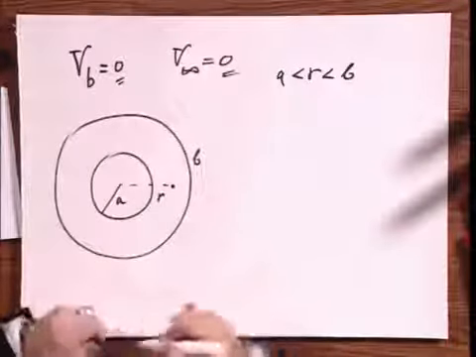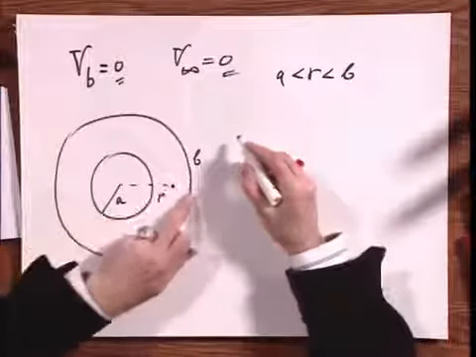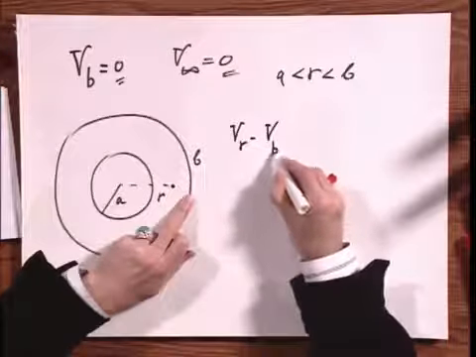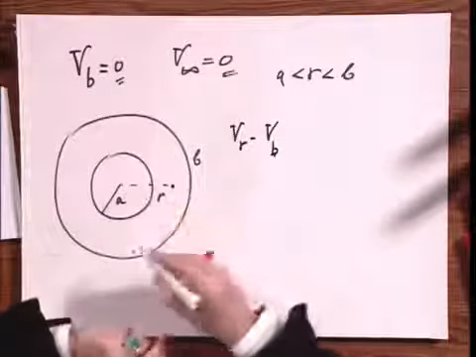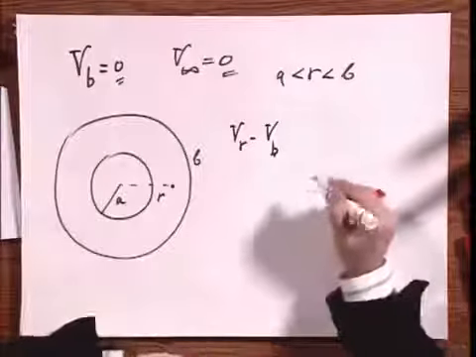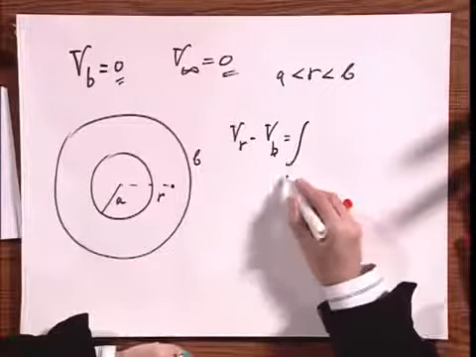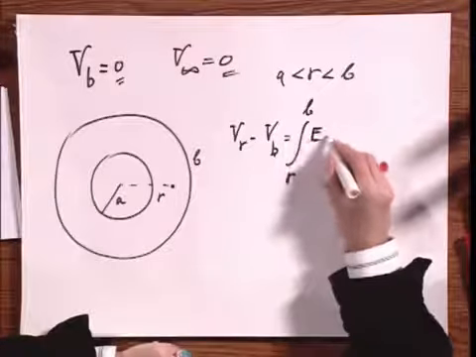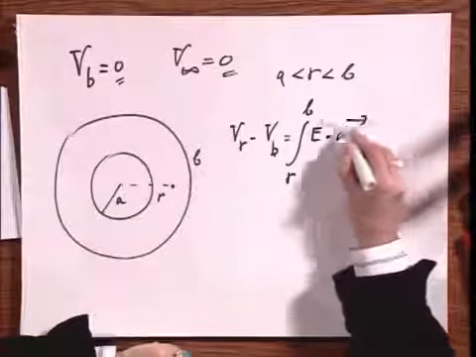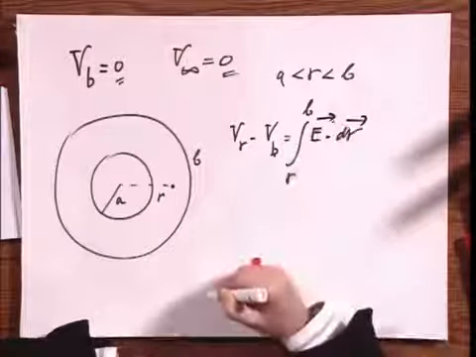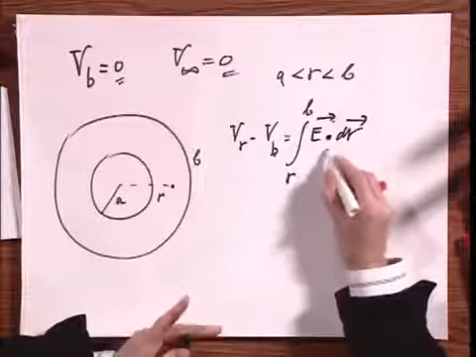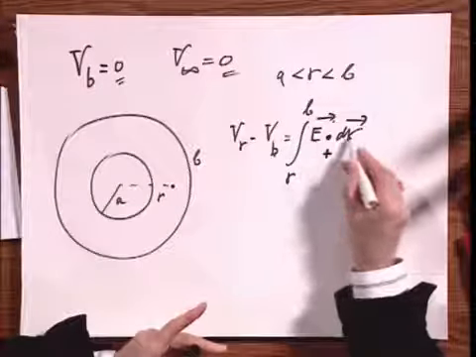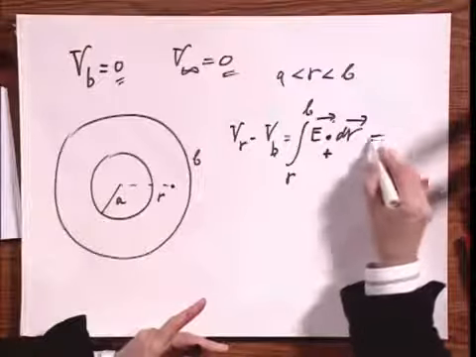Well, if I go from here to there, and I use my shorthand notation, V(r) minus V(b), where B is any point on this cylinder, that equals the integral going from r to b of E dot dr. The dot product becomes a plus 1 because the cosine of the angle between E and dr is plus 1, so I don't have to worry about that.